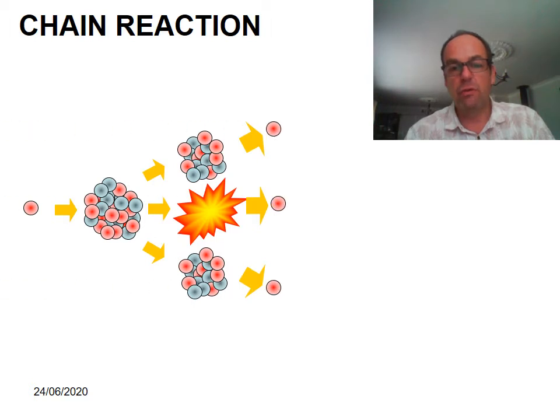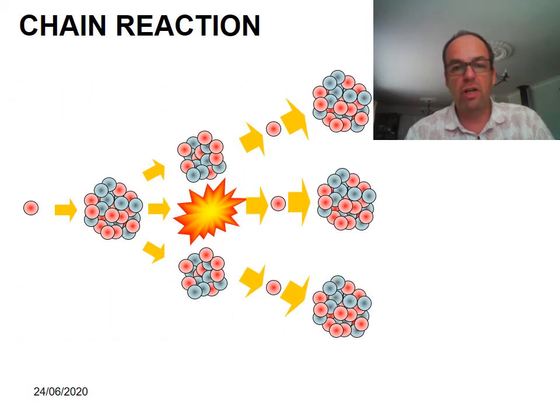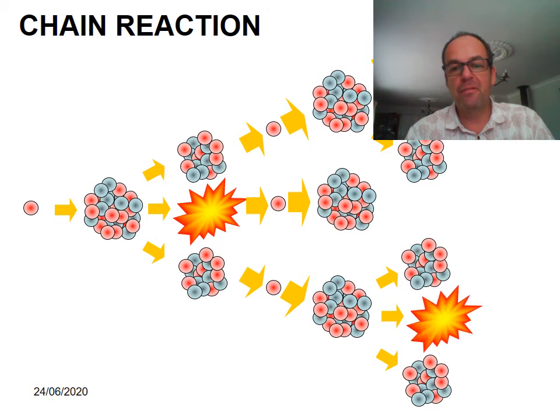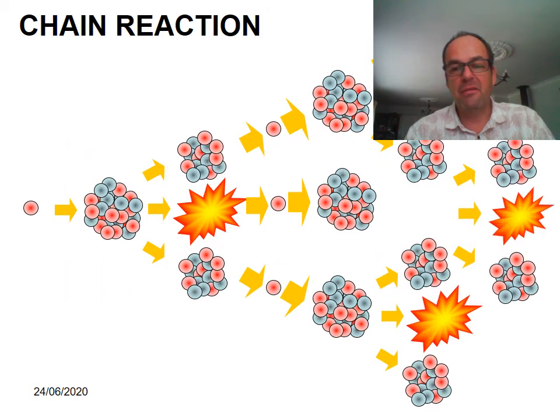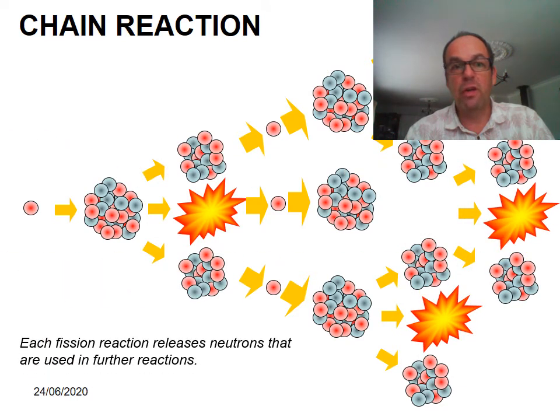We get 2 or 3 neutrons produced in a fission event like that. Each one of those will go on and collide with more uranium-235. Each of those will split, releasing lots of energy, and you can see that before we know it, we've got more energy than we know what to do with.